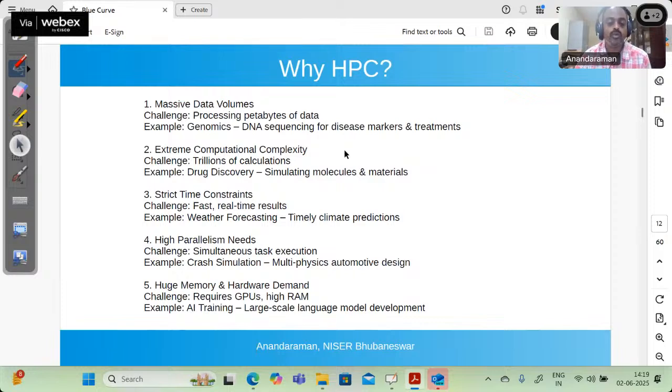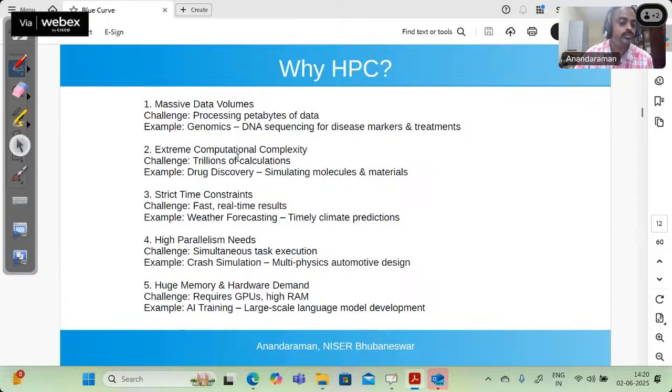For example, if you want to solve a big problem, it has to be converted into different chunks, and each chunk can be given to each server, and it can be completed, and the results have to be merged. With more data volume, even a single storage is not possible, so we use a parallel file system here.